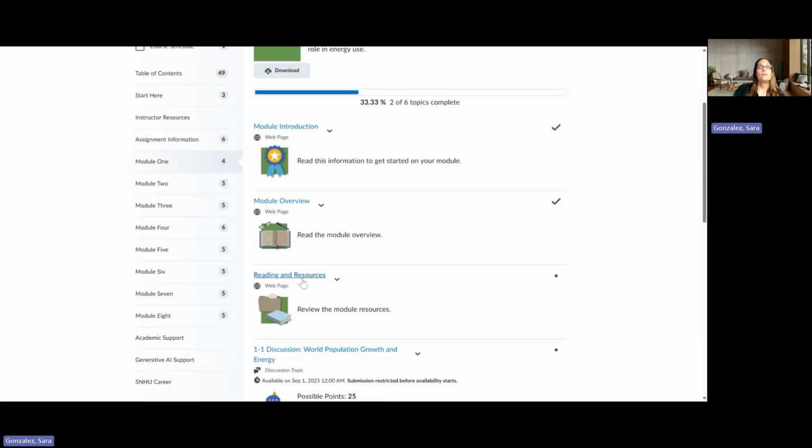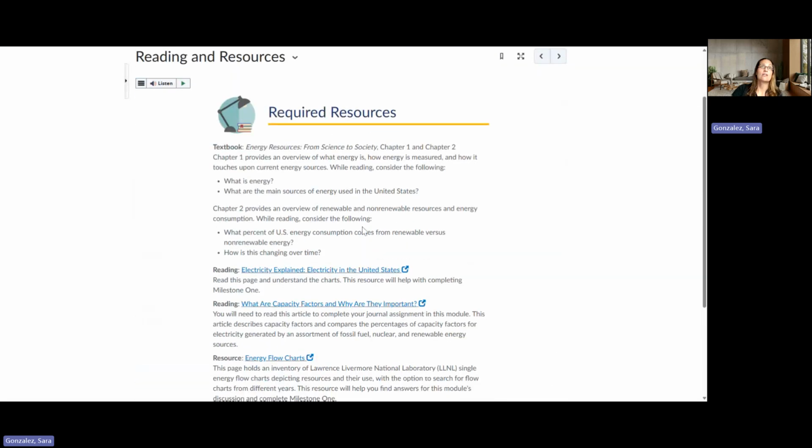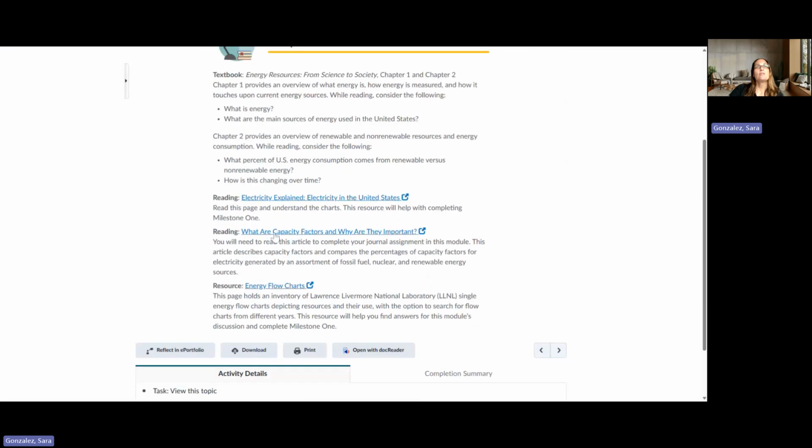This is a great one to help understand the concepts discussed and also help with your assignments and discussions. From our textbook, take a look at chapters 1 and 2, understanding what energy is, and an overview of renewable versus non-renewable. Here's some additional readings looking at electricity explained, some of the capacity factors. You have an assignment based on that, and energy flow charts.